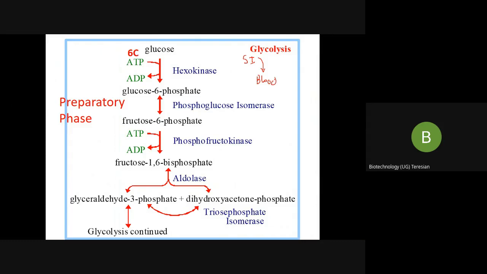Here what is happening? There is an increase in the sugar level, or the amount of glucose, in your blood. So immediately what happens is your pancreatic cells start producing insulin.